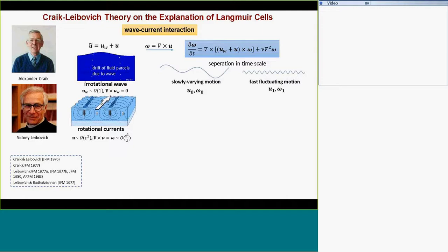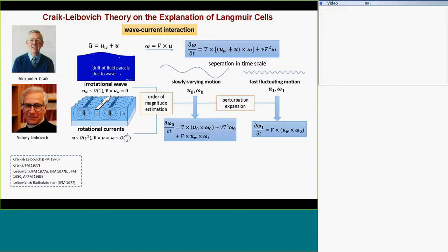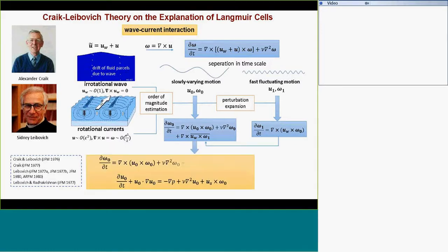Using perturbation analysis, which is quite analytical, they are able to solve these slowly varying motions using this equation. The top one is the vorticity equation, and the bottom one looks very much like what we have studied in an introductory fluid mechanics course.